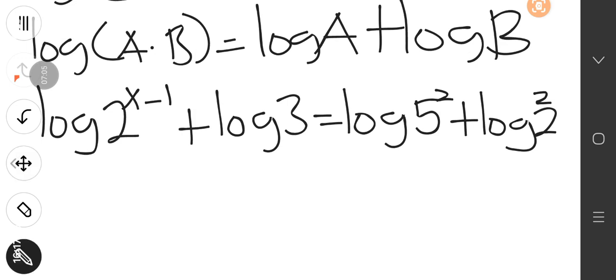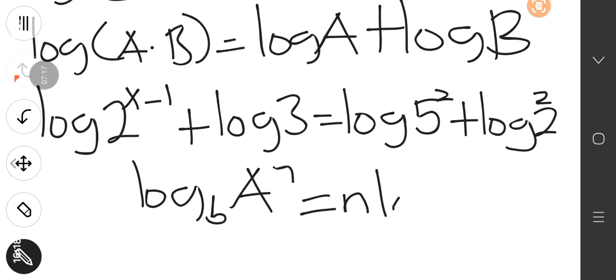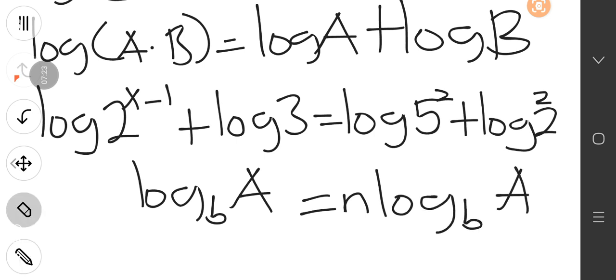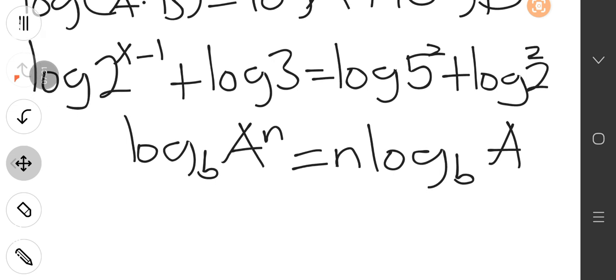Now, we are going to apply another law of logarithm, or the logarithm definition. If you have log a exponent n with a base of b, this will give us n log a base b. So you can see we have quoted the logarithm definition. Now let's apply this to our equation.